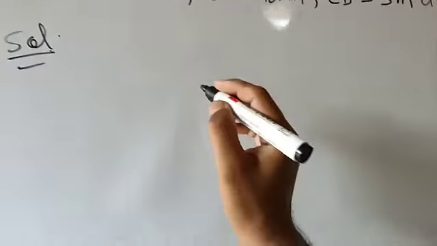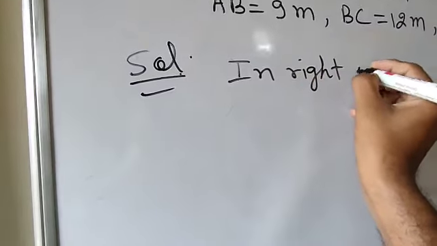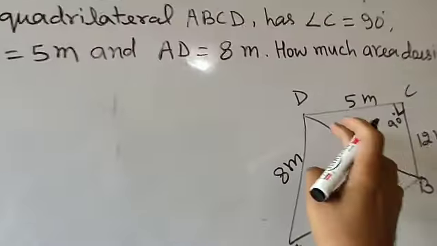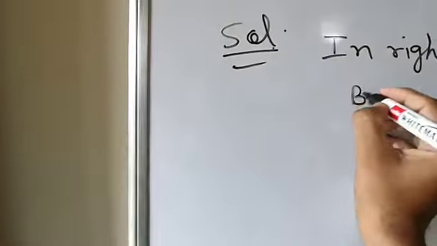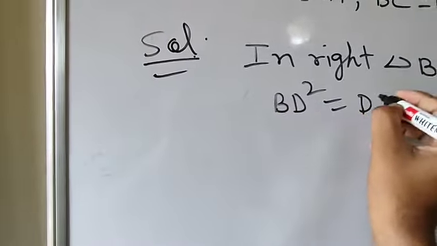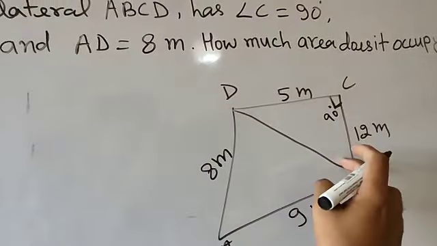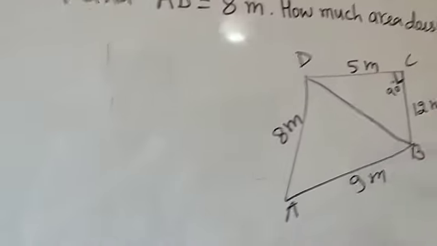Here in right triangle BDC, BD is the hypotenuse, so by Pythagoras theorem, BD square equal to DC square plus BC square. DC is 5, BC is 12.